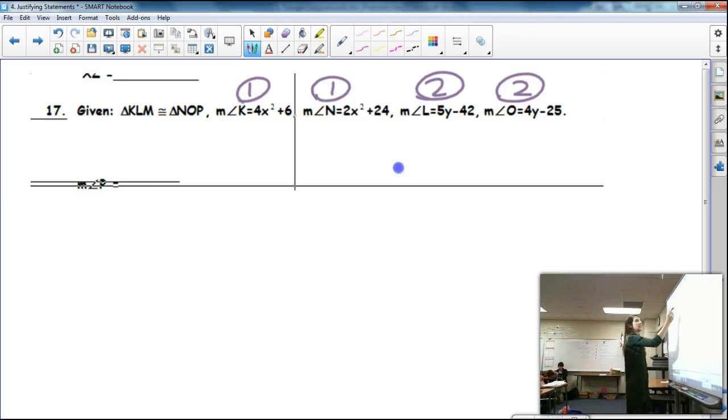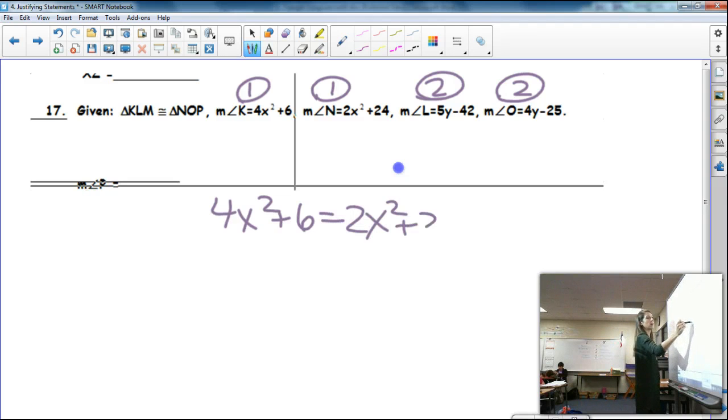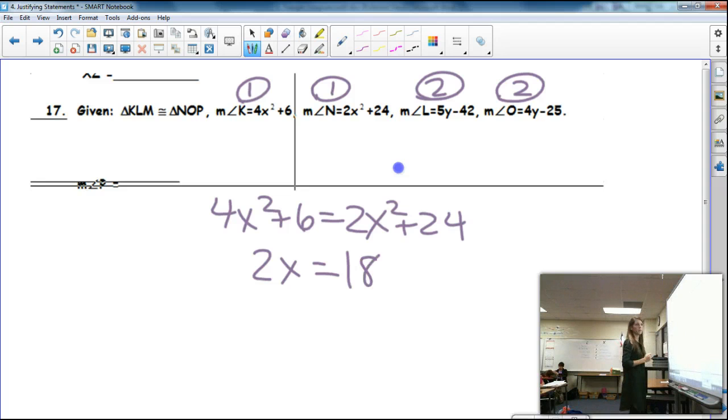Okay, so let's set K equal to N. 4x squared plus 6 equals 2x squared plus 24. It's not a factoring one either. Yay! 2x squared equals 18.